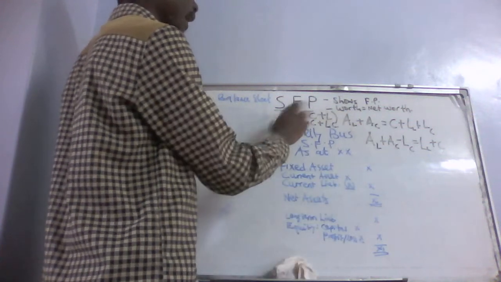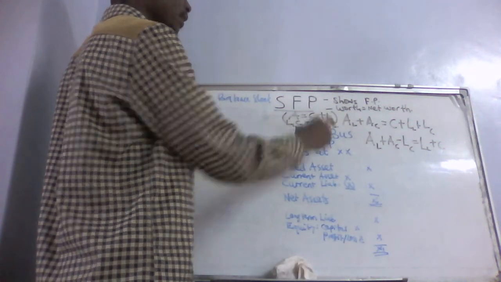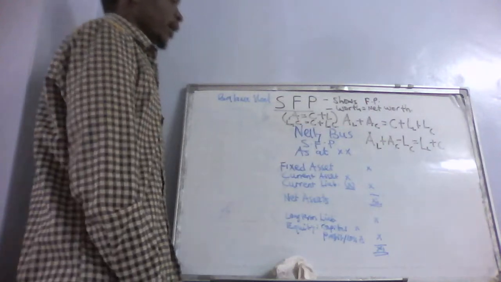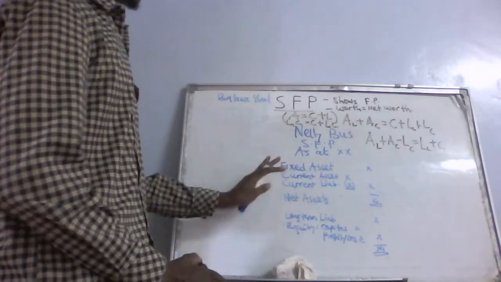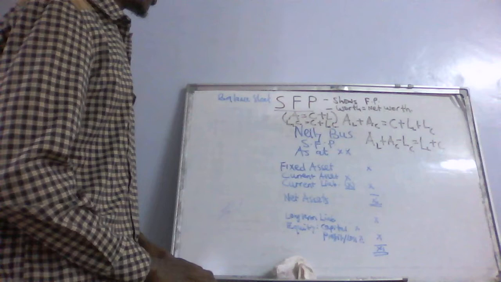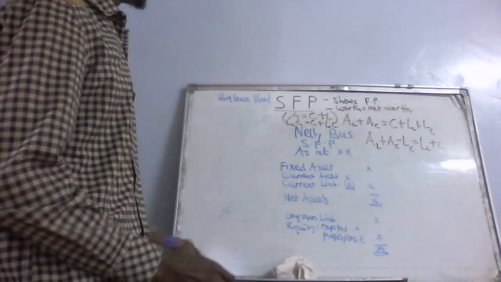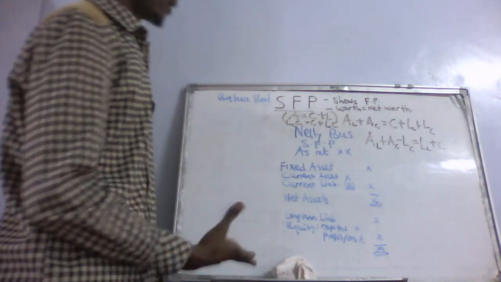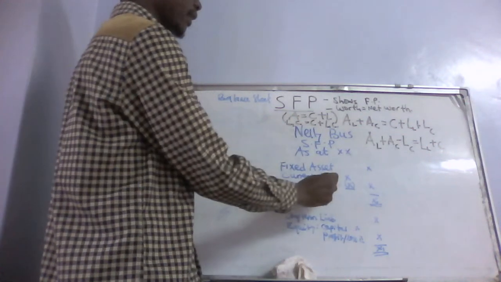So it is still assets equal to capital plus liabilities, but rearranged so that it should at a glance be meaningful to the user of financial information. If somebody wants to know your liquidity, you can look at this straight away. Current assets less current liabilities gives you your liquidity at a glance.